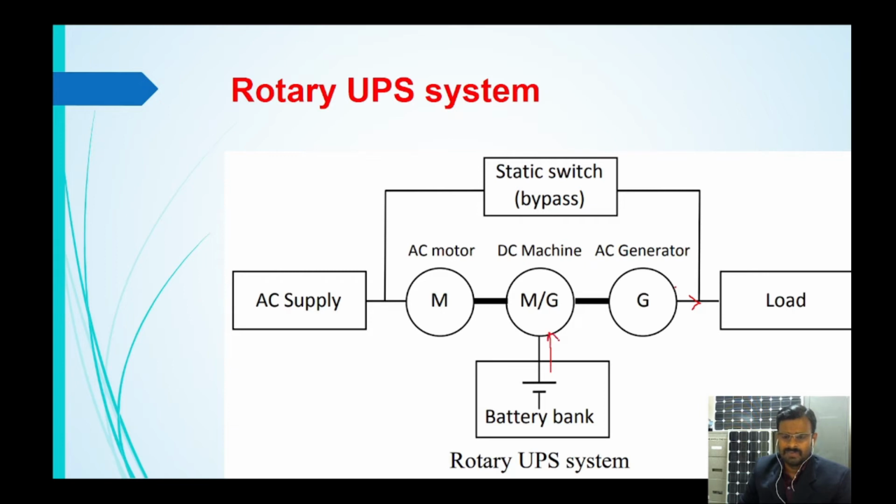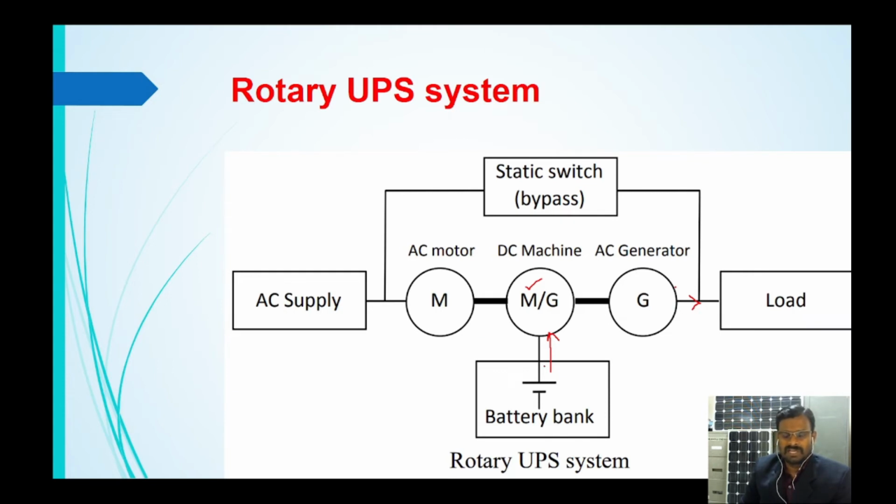Now this motor generator set is going to function as a motor, and this motor is going to drive the AC generator. Now this generator is going to produce the power and the load is going to function, right? So this is about the stored energy mode. Even in the stored energy mode, you will have a sinusoidal output waveform because the alternator is connected to the load.